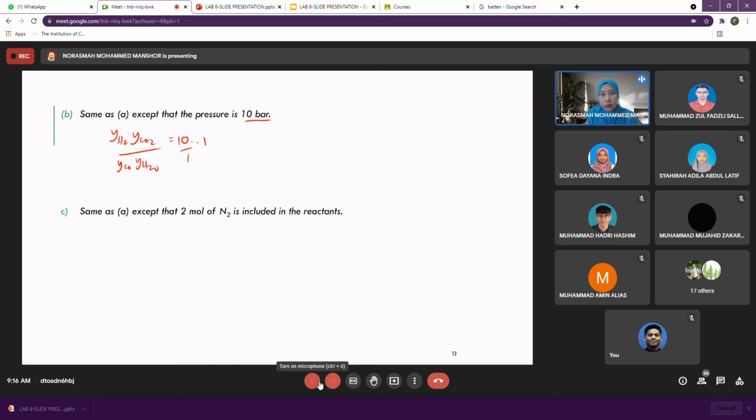So now, V is 0, so there are no changes because anything to the power 0 becomes 1. So the expressions for y are the same as before. Epsilon squared over 1 minus epsilon squared equal to 1. So epsilon is still 0.5 because V is zero. So if V is zero, anything to the power zero becomes 1. So increasing P to 10 bar, the reaction coordinate will also be 0.5.